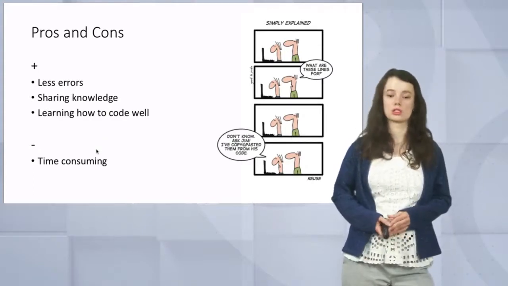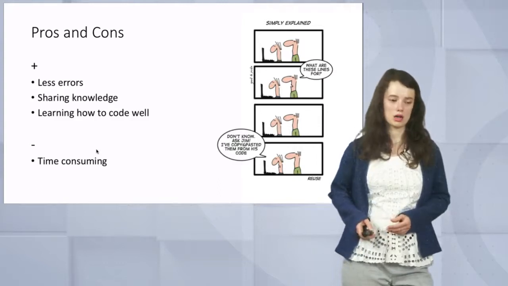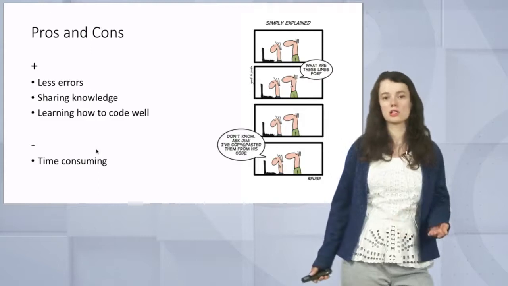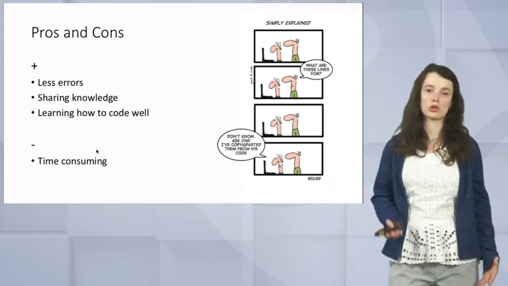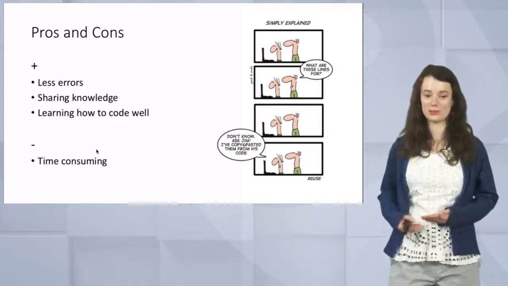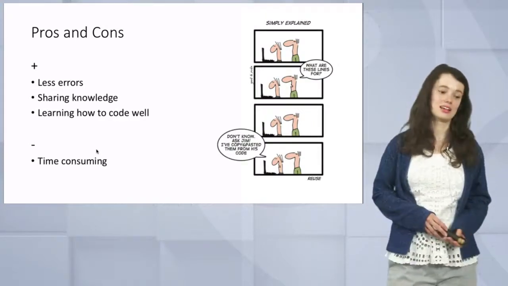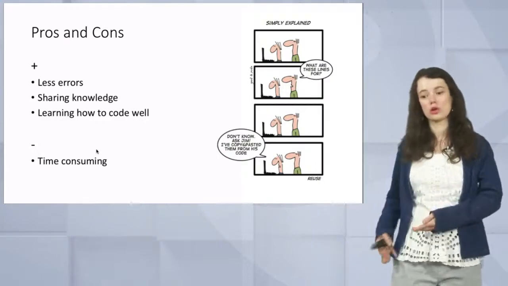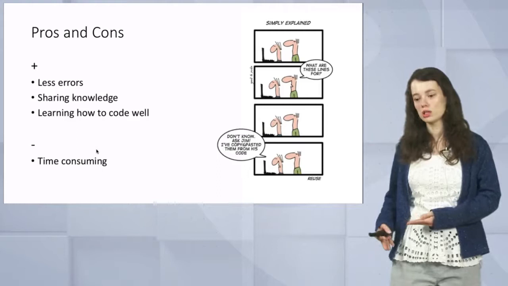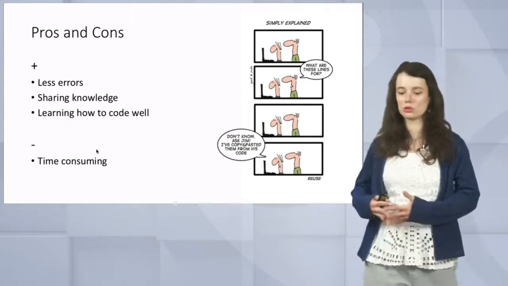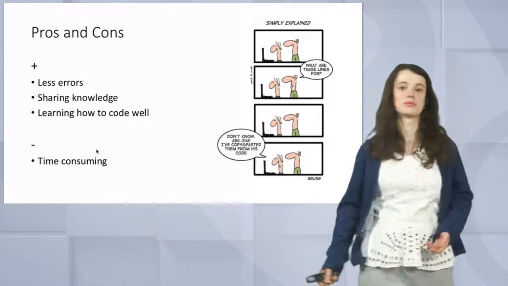What are the pros and cons of code review? Pros are you have fewer errors, you are sharing your knowledge with colleagues, and you are also learning a lot about how to code well. If there are a lot of colleagues who are watching your code, you all study very fast and you all learn really well.